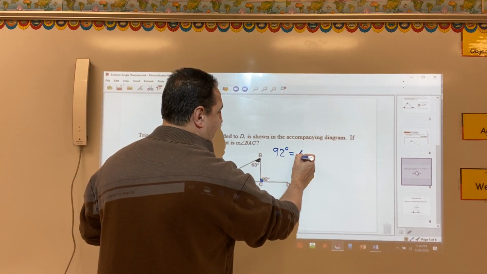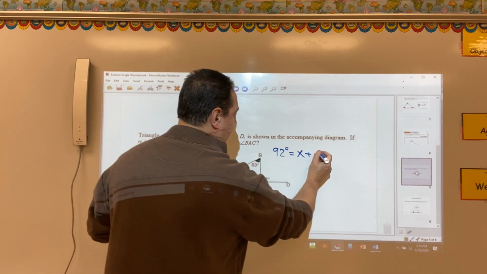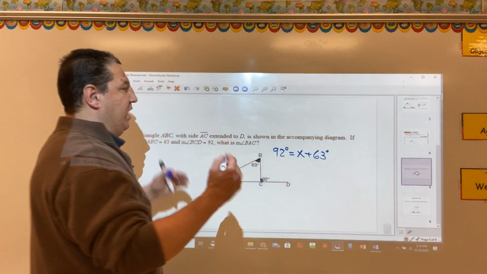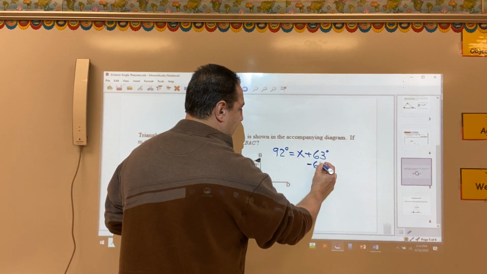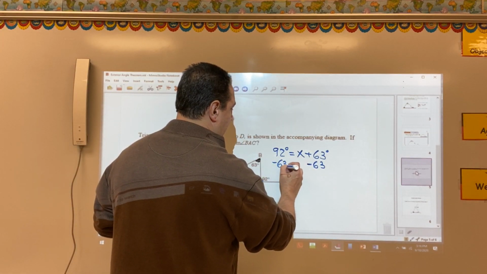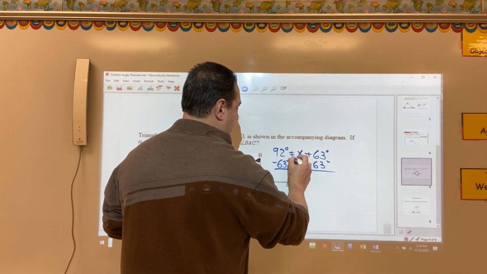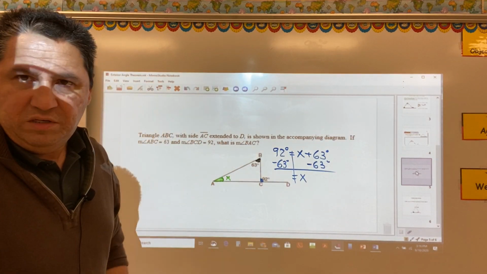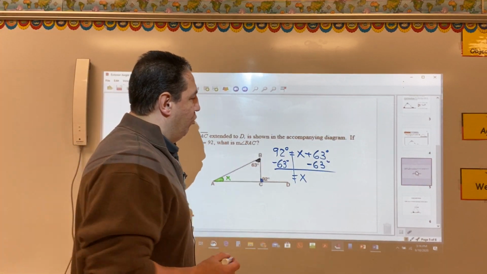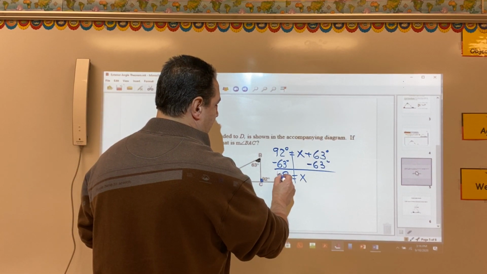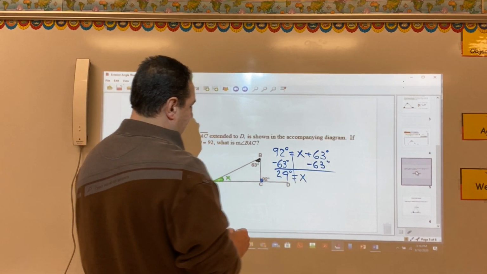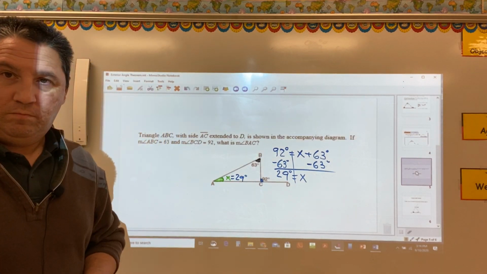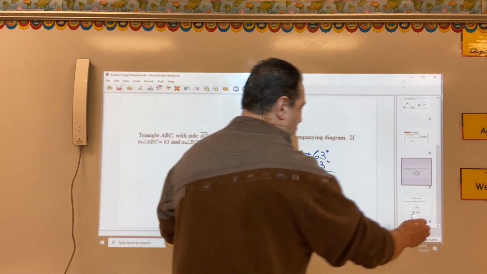So, you're going to have X plus 63. And then you simply solve for X. We get rid of 63 by subtracting 63. So we bring down X, and then we subtract these numbers. So you're going to have 29 degrees. So X would be 29 degrees. Good.